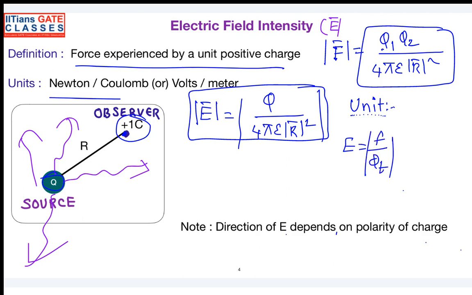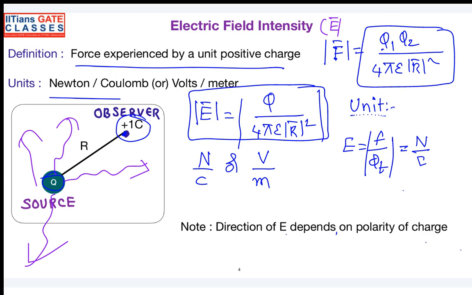So is the magnitude part and this concept understood? What do you mean by electric field intensity? So once again, I will put it in simple words. You don't think too much about the electric field intensity. So the electric field intensity at any point is a measure of field at that particular point of interest.